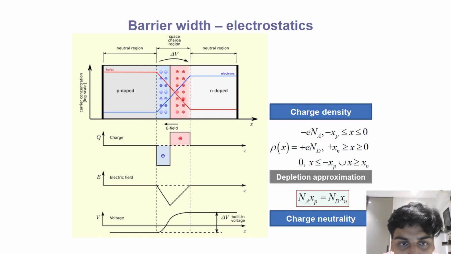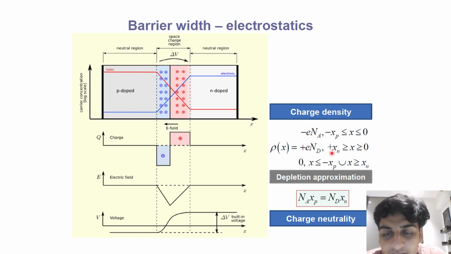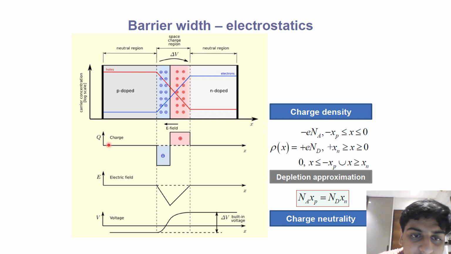Secondly, on the N side, from 0 up to xn, you have the depletion region. It got completely depleted of its electrons, which means it's only left with positively charged donor ions. And the charge for that is positive e times the density of the donor ions. Everywhere else, you have perfect neutrality because these semiconductor materials are neutral.